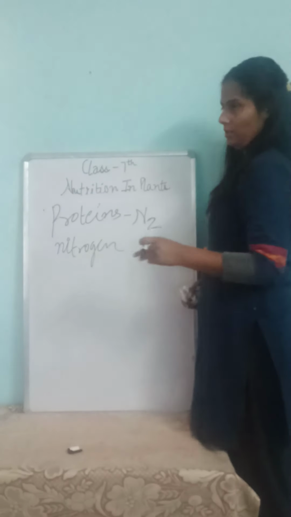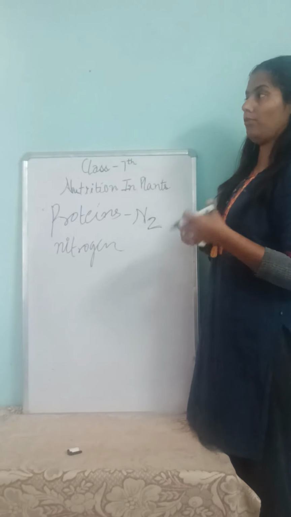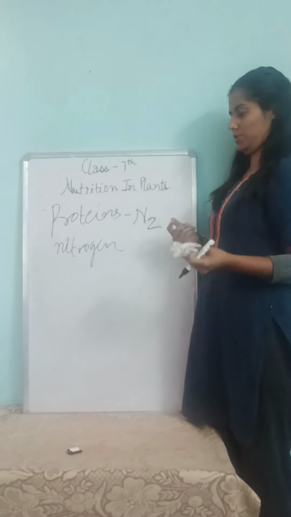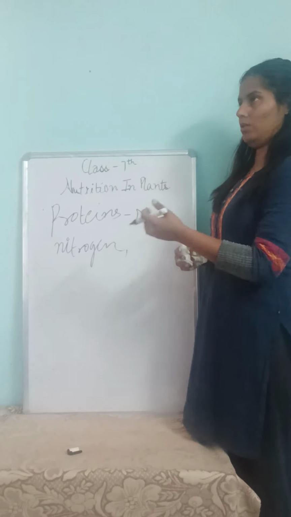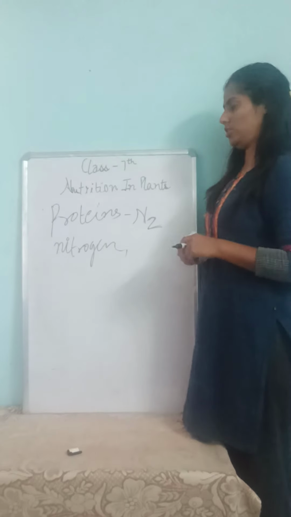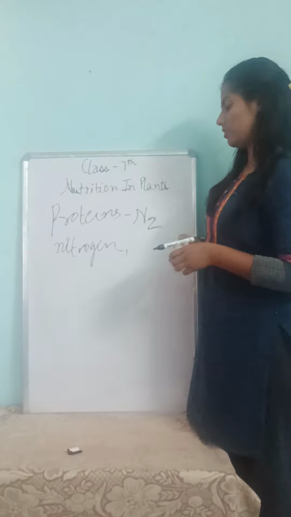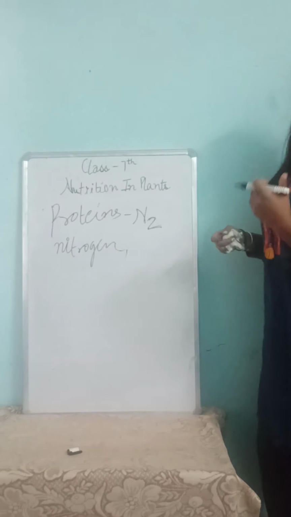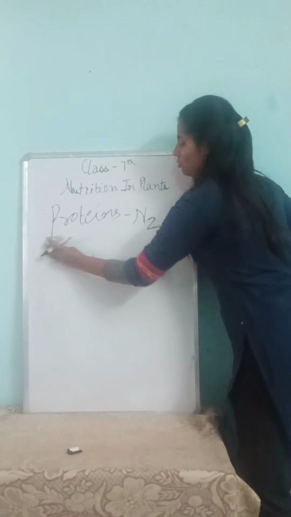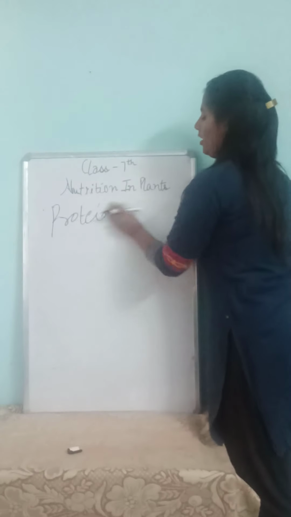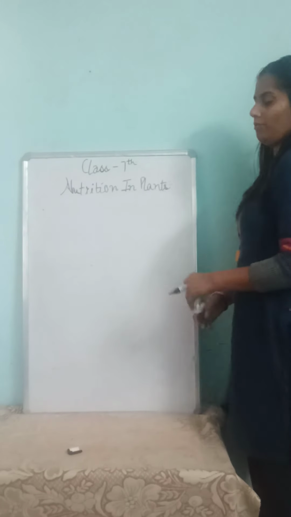You have heard that air contains about 78% nitrogen in the atmosphere. But the plant is not capable of directly taking nitrogen, so the plant converts the nitrogen, and there are many other sources for conversion of nitrogen. They have a requirement for nitrogen for the production of their food.